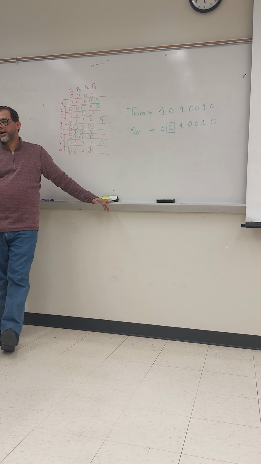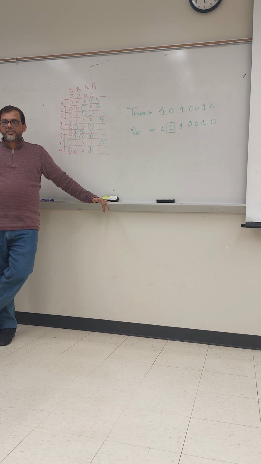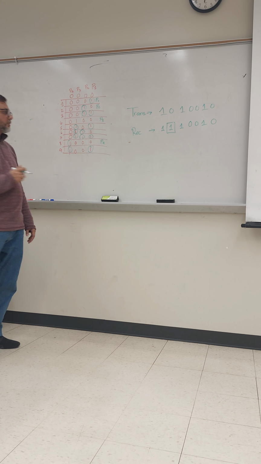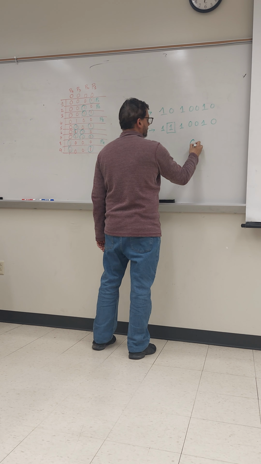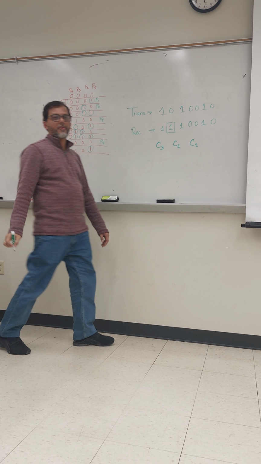According to our Hamming code, we can detect as well as correct. So at least we can find out which position bit is changed, right? So on the receiving side, we have the parity checker. We have 3 parity checkers because we have 3 parity bits. It is C1, C2, C3.